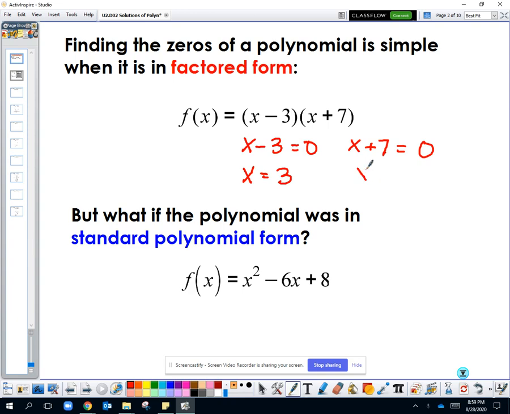So I've got x equals 3 and x equals -7. Those would be the two places where the graph crosses the x-axis. If I were to draw just a quick sketch of this based on our last class's information as well, I would have a 0, like we said, at +3, another over here at -7.